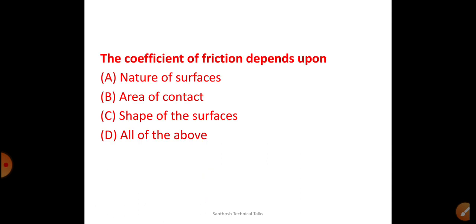Next, a superb question. Many people can make a mistake on this question. The coefficient of friction depends upon what? The coefficient of friction only depends upon the nature of the surface, not the area of contact, not the shape of the surface.